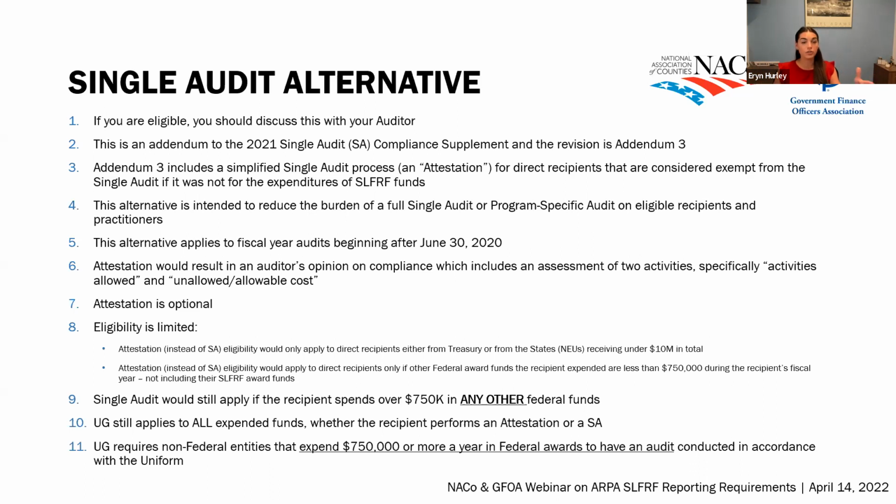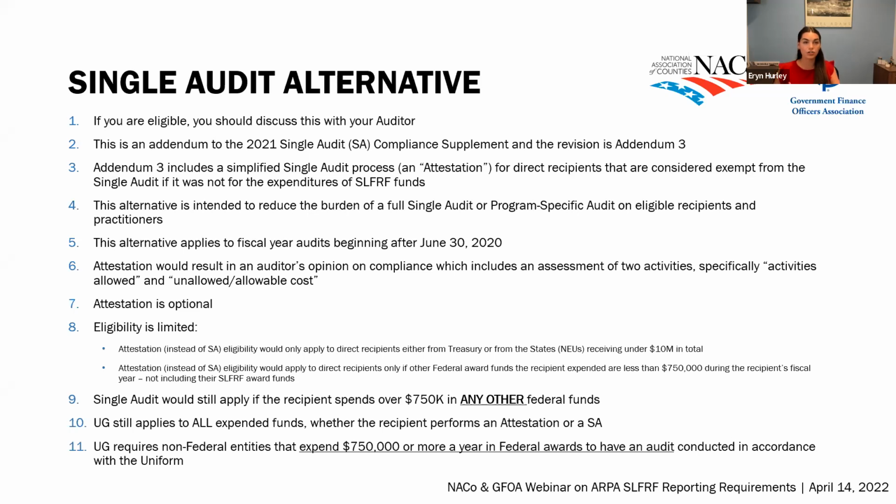However, the single audit would still apply to recipients that spend over that $750,000 threshold in any other federal funds. So going back, if you spend above $750,000 in Head Start funds, then you would be subject to the single audit. The uniform guidance still applies to all funds, whether your county is eligible and performs an attestation instead of the single audit as well.